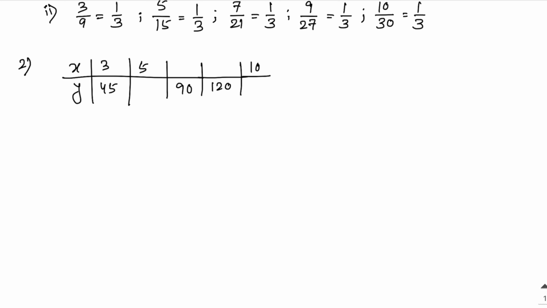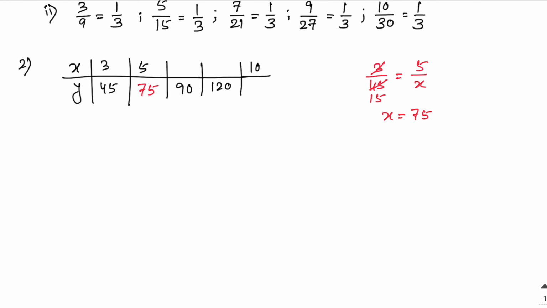The first one is 3 by 45, and the next one is 5 by dash. So 3 by 45 is equal to 5 by dash. Suppose this one is x. So it's 15, and from that, x equals 15 into 5, that is 75. So write down here 75.